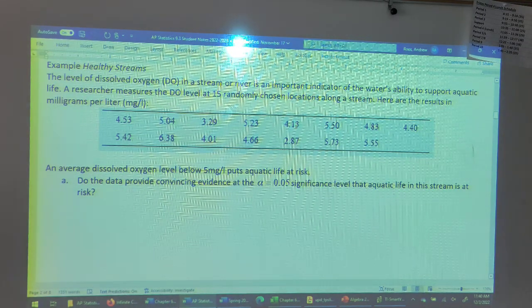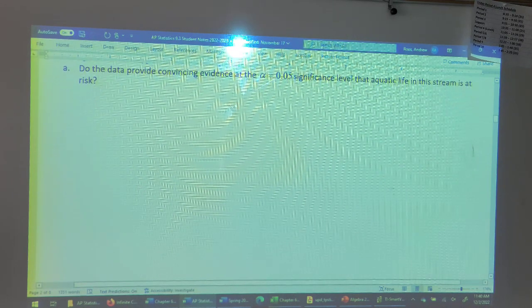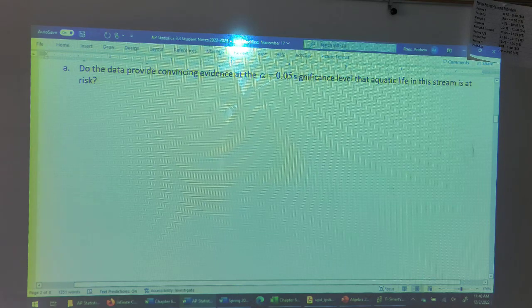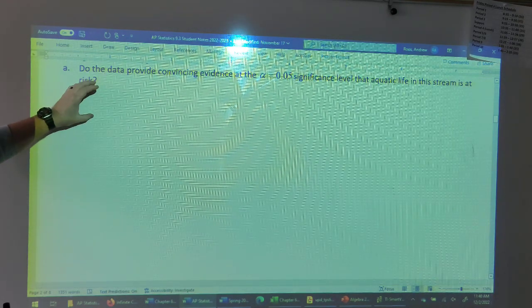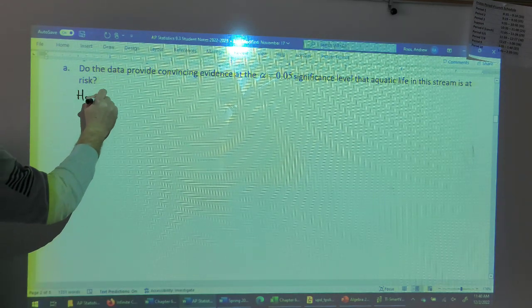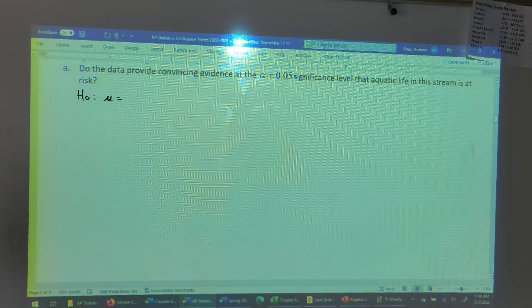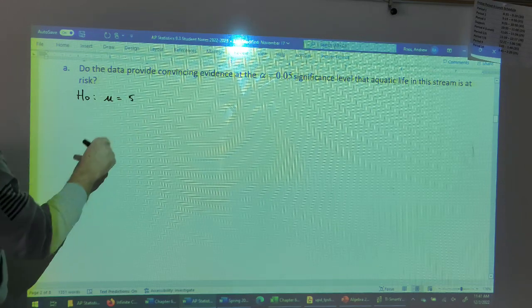Okay. So much like with our test for proportions, we're going to start off with determining our H0 and Ha, our hypotheses, and defining the parameter. So H0 would be that there is no difference. The true mean is what they say it is. So it would be that the true mean, mu, is 5.